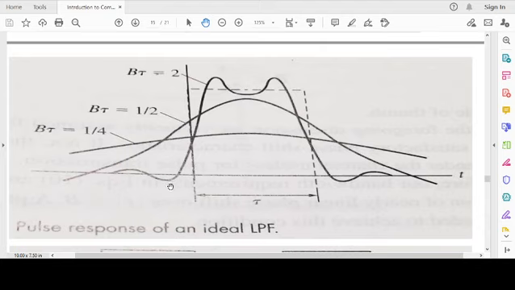When my choice of the low pass filter B is very small, this is 1 over 4τ, the pulse is barely distinguishable, as if a straight line. When B is 1 over 2τ, I can distinguish or detect that a pulse is present. You see, it's like this.